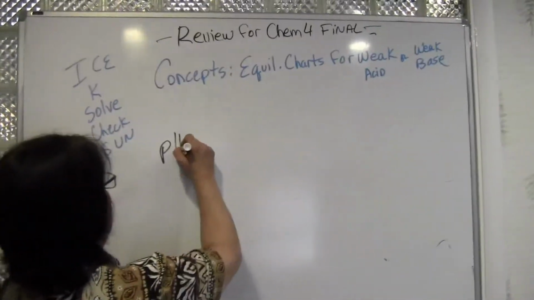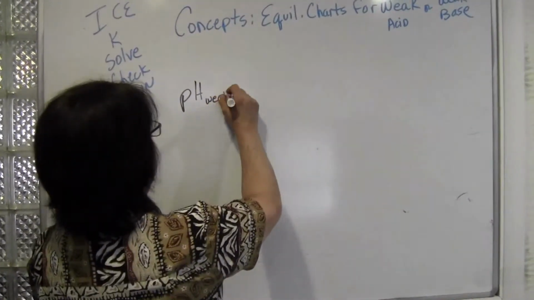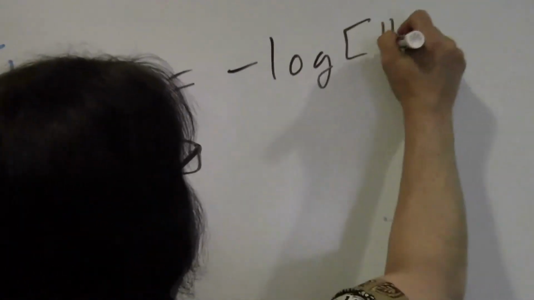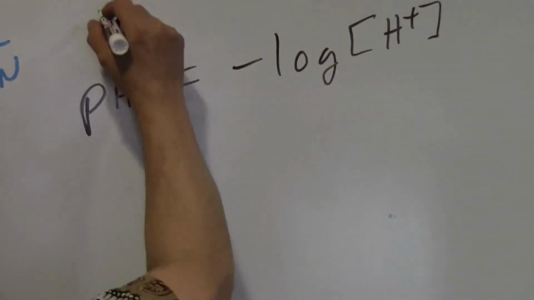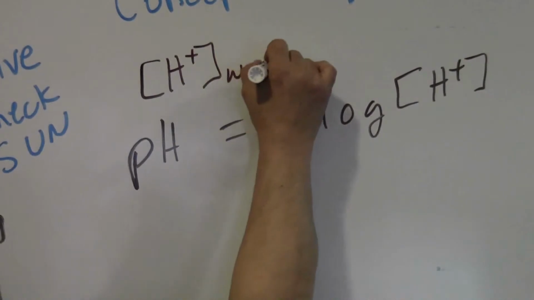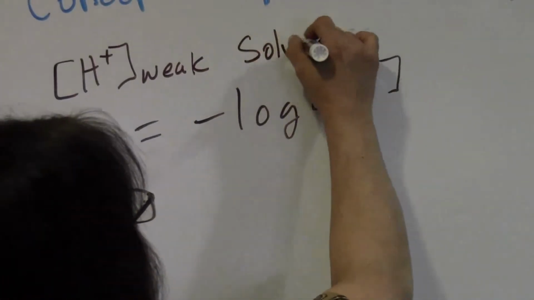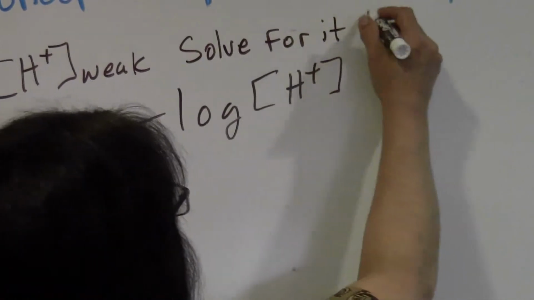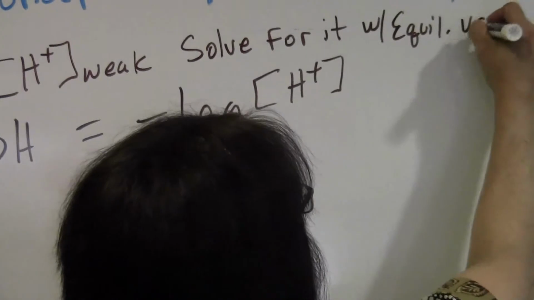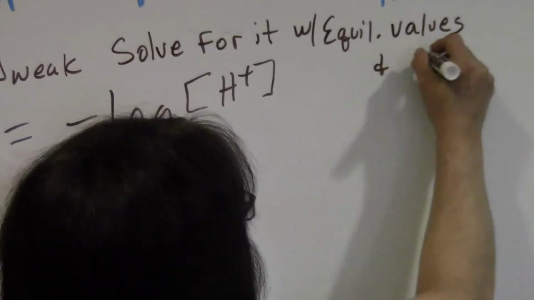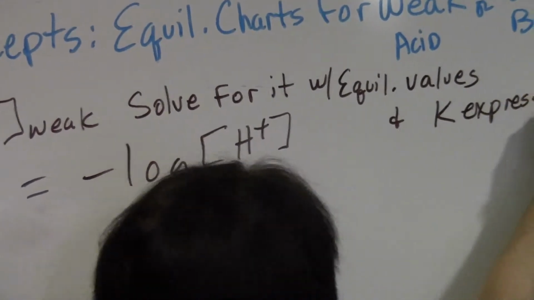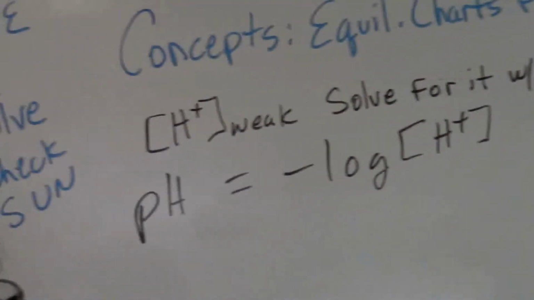When you ask for pH of an acid, you need minus log H plus. And the way we're going to find the H plus concentration in a weak acid is we're going to solve for it using the equilibrium chart, the equilibrium values, and the K expression, which is very different from what we had before.